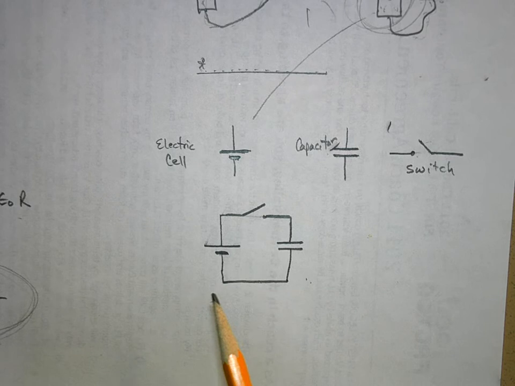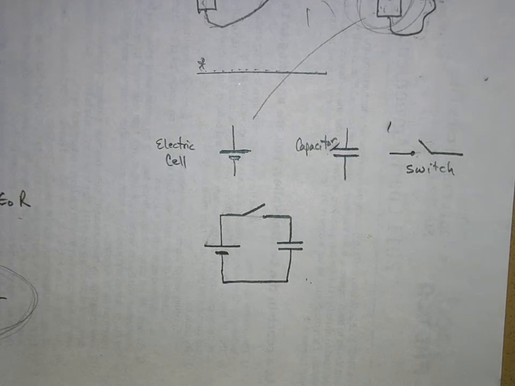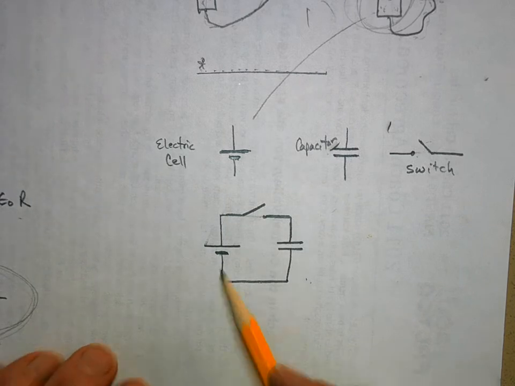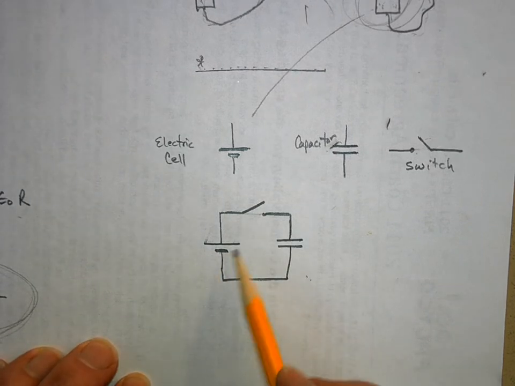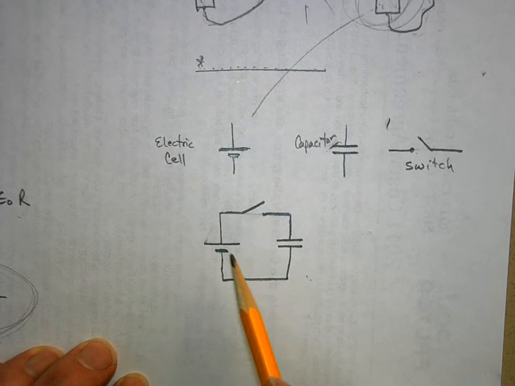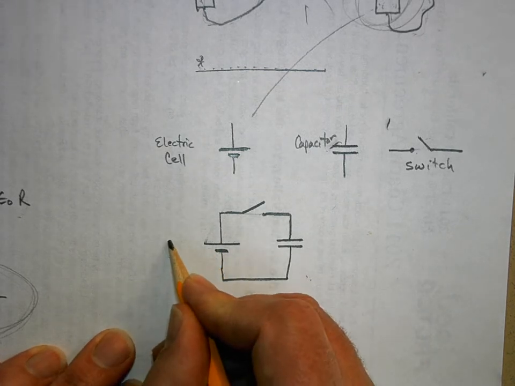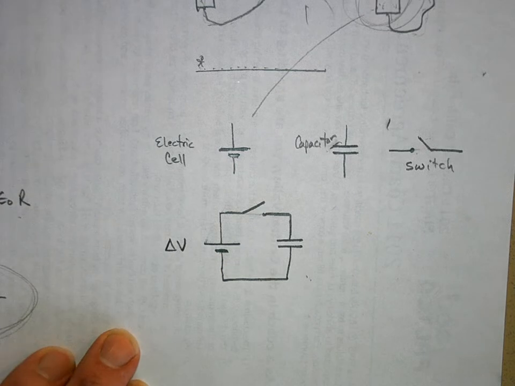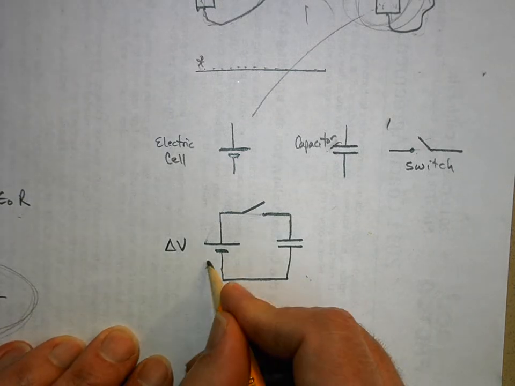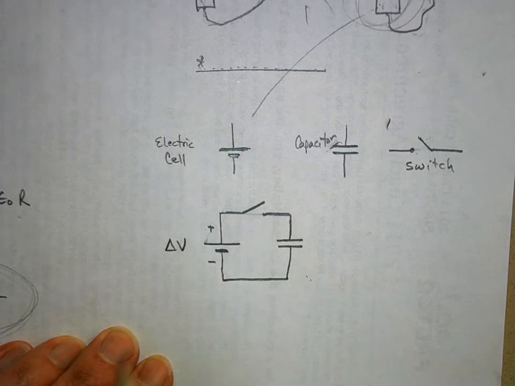You put more of them together in series, you get a higher voltage. You can get 12-volt batteries or 6-volt batteries or whatever you want. So I'm going to call this delta V. And this is minus and this is plus. I'm going to put a minus and plus here.